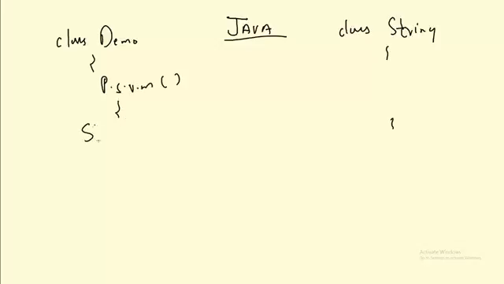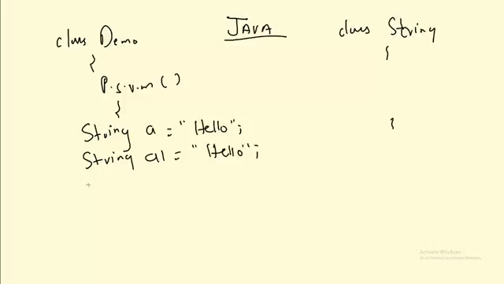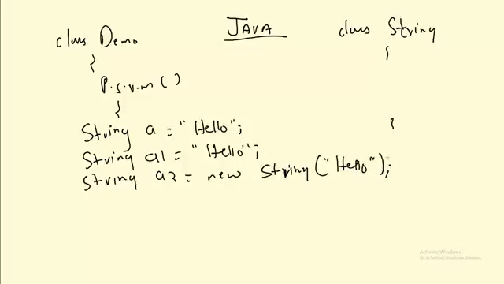I have String a is equal to "hello", String a1 is equal to "hello", String a2 is equal to new String("hello"). Okay. So, these are the three statements.